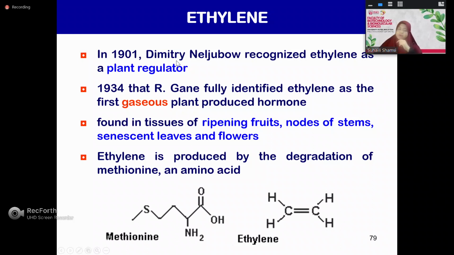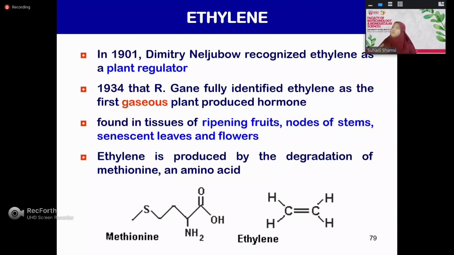In 1901, Dmitry Neljubov, a Russian scientist, recognized ethylene as a plant regulator. Later on, we're going to look at the experiment that this scientist has done. In 1934, it was fully identified as the first gaseous plant-produced hormone.